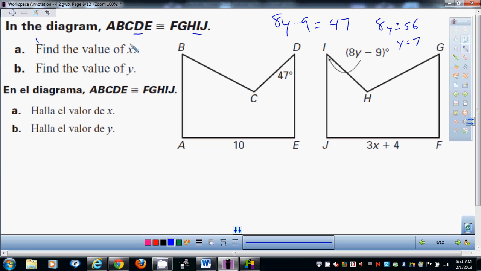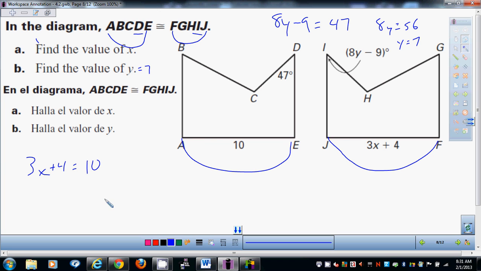Now, AE is the first and last letter, so what corresponds to that over here? FJ. So therefore, these two pieces equal. 3x plus 4 equals 10. Two pieces equal, set them equal. Questions on that? Alright, subtract the 4, divide by 3, and x equals 2.